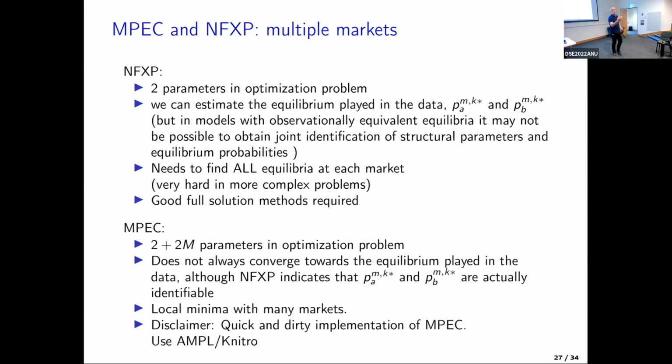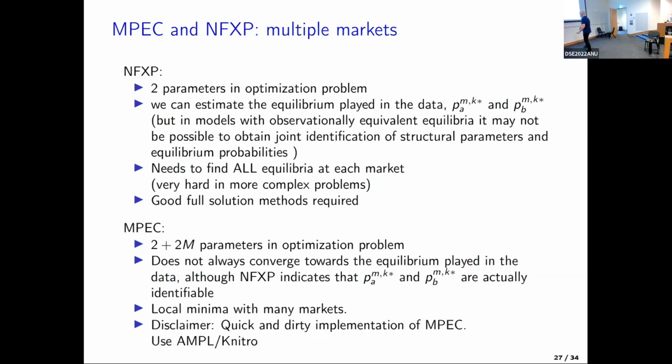If you have lots of data for each of these different markets, that translates into very good starting values for the investment probabilities, the P's. We can estimate them off the data, and they're very precise in the beginning. If you have good guesses for what the parameters might be, say from a two-step estimator, then maybe MPEC would not perform so badly in those contexts.